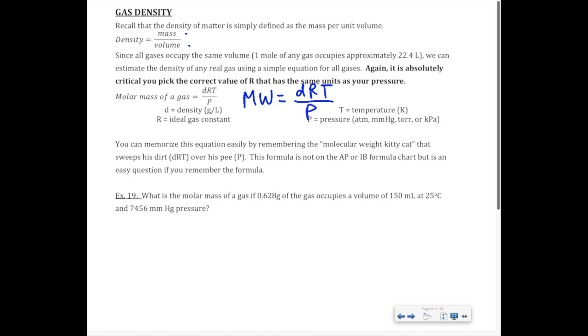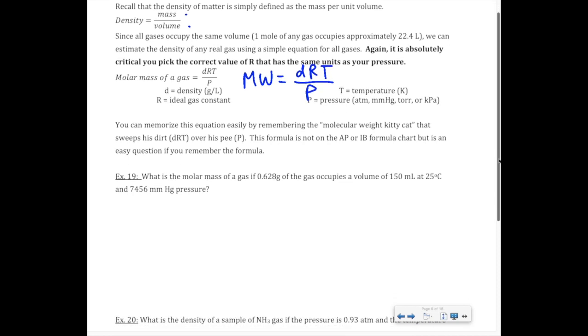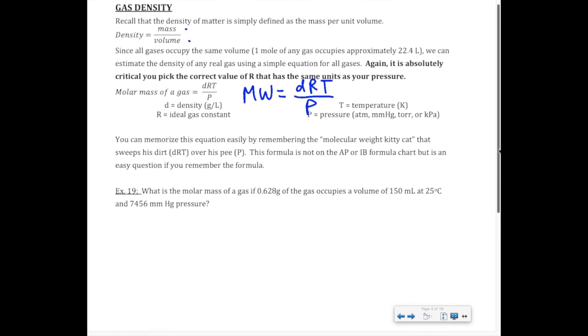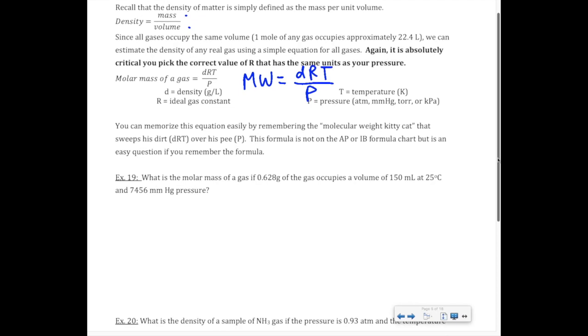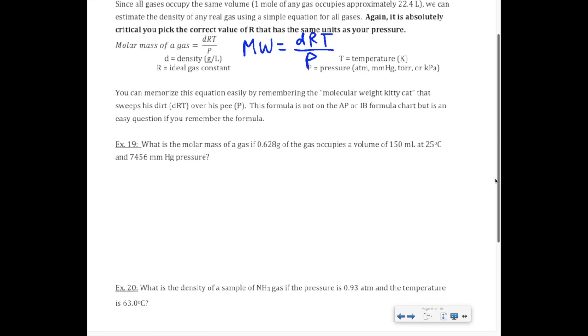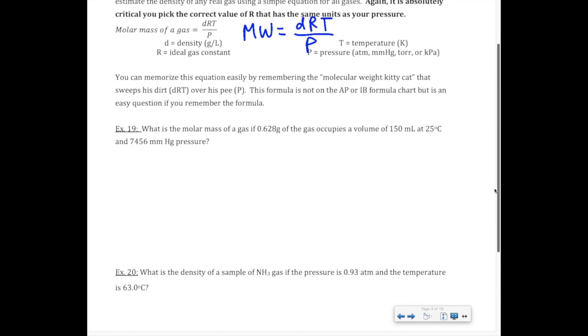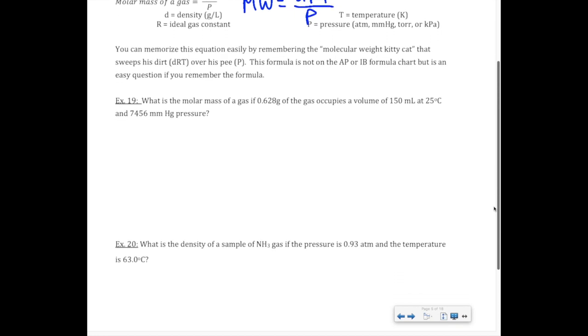Okay, that's a real quick thing, and that's actually easy to memorize, and you will have to do that because it's not on the AP formula chart or the IB formula chart, and it won't be given to you on the test. So that's real helpful though to be able to solve these kinds of problems.